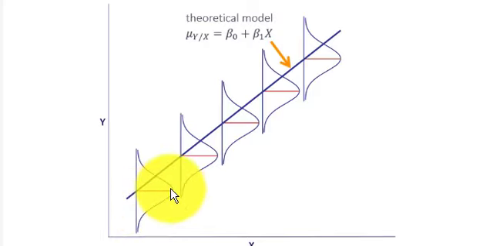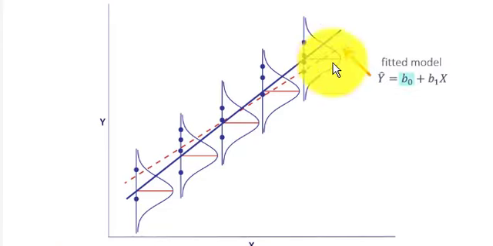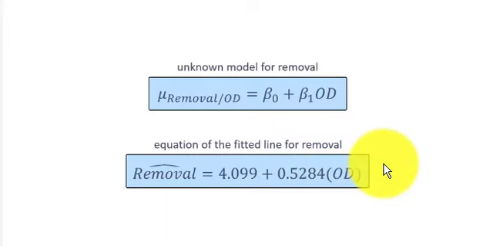Just to remind you a little bit how you create and evaluate the model. When you create your fitting model, you create a theoretical model where the mean of Y for your x equals beta 0 plus beta 1 x, where b0 is your intercept and b1 is your slope.